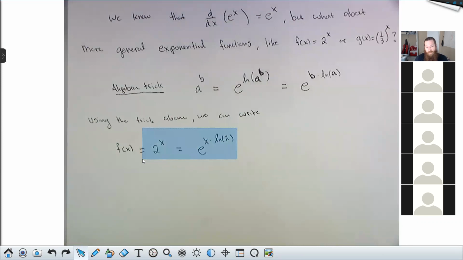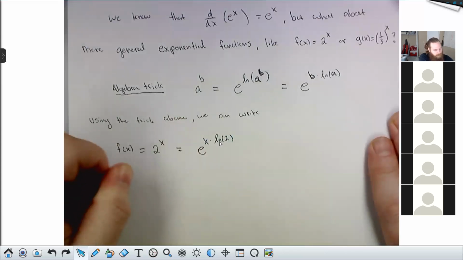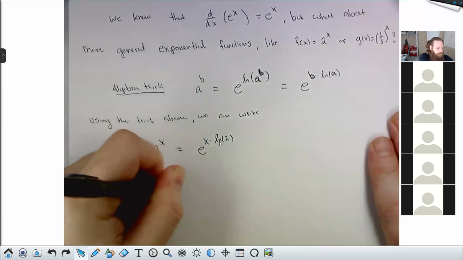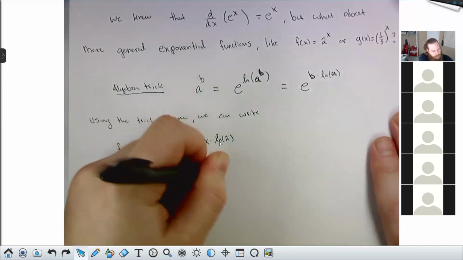These things happen to be equal, like actually equal to each other. Because a to the b is always e to the b log a, 2 to the x. You know, kind of think of x as being b here and a as being 2 here. So if I want to calculate the derivative, f prime of x, this is going to be d dx of e to the x times the natural log of 2.